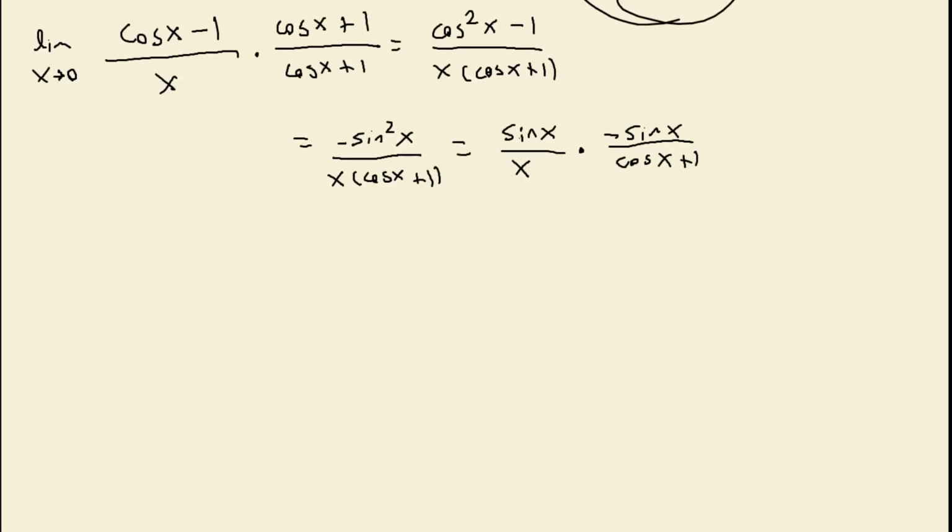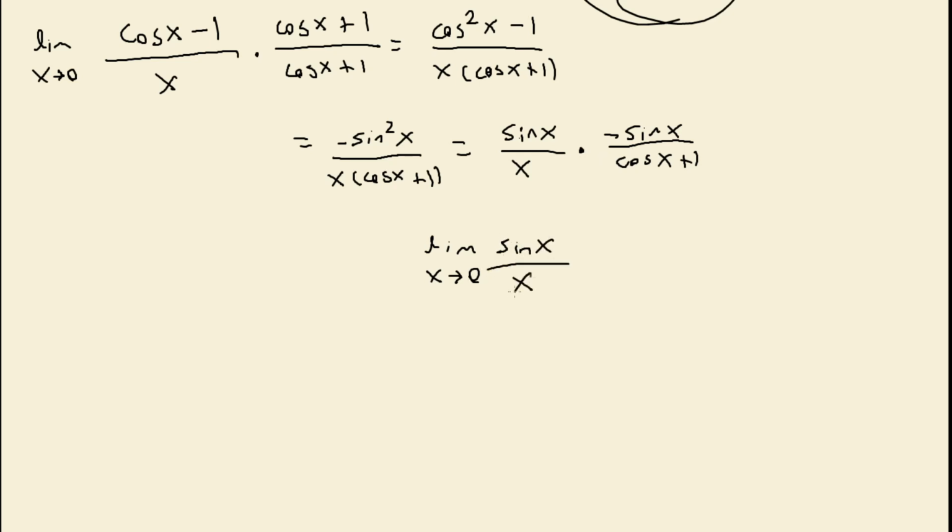Now, what's the limit of this as x approaches 0? We know that if you multiply two functions together, the limit is the same as the limit of this function times the limit of this function. I proved that in my last video, but if you don't care about the proof, you could just watch what happens next.